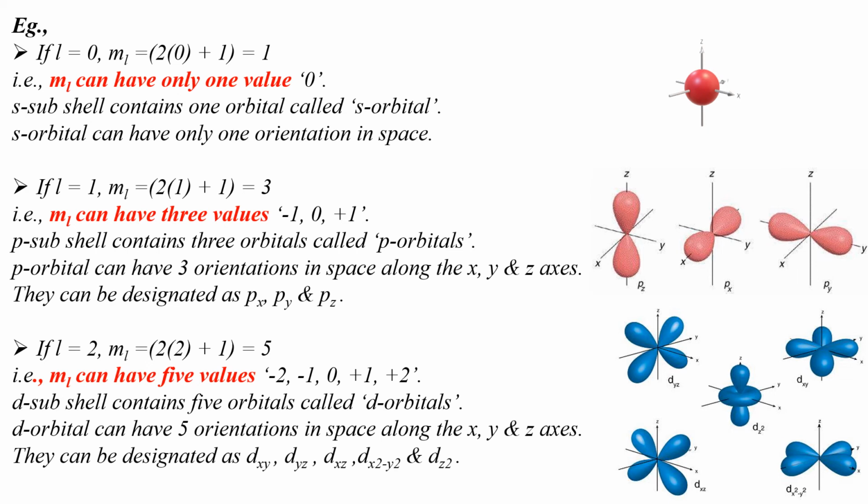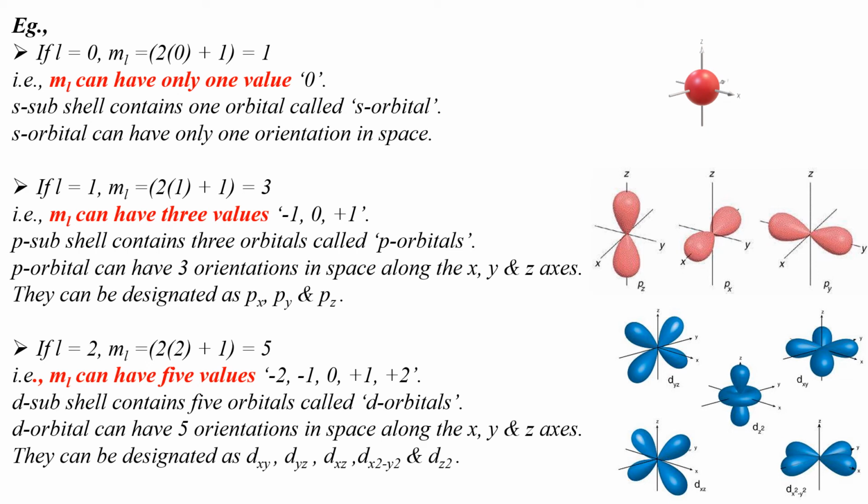A p orbital can have 3 orientations in space along the x, y and z axis. They can be designated as px, py and pz. The picture of px, py and pz is shown. This shows the orientation of the p orbital with respect to x, y and z axis.